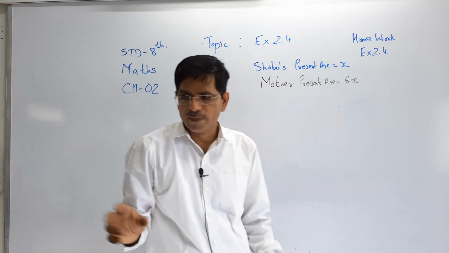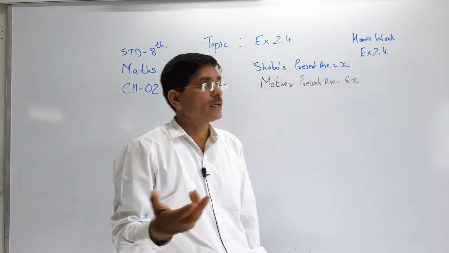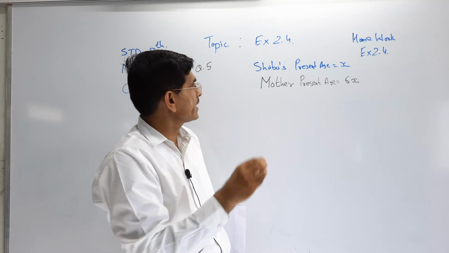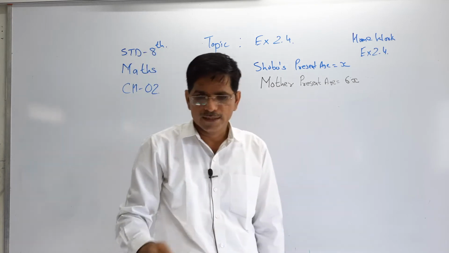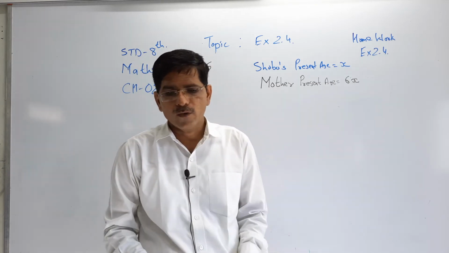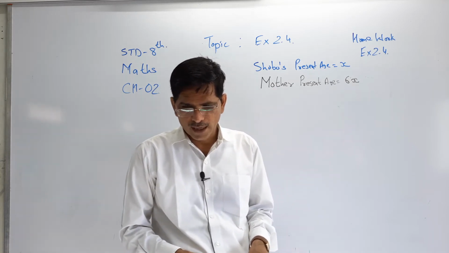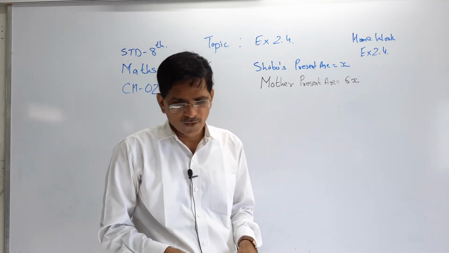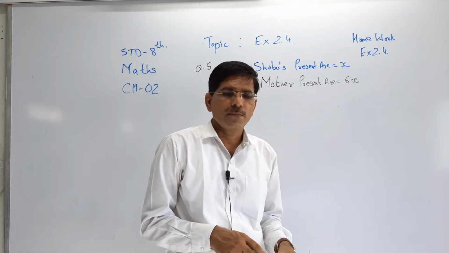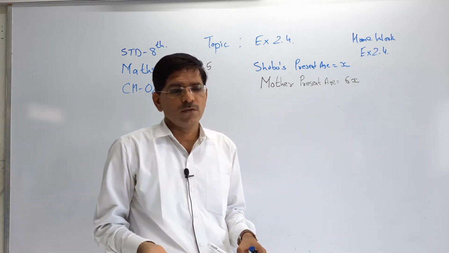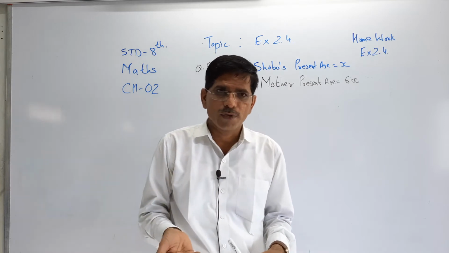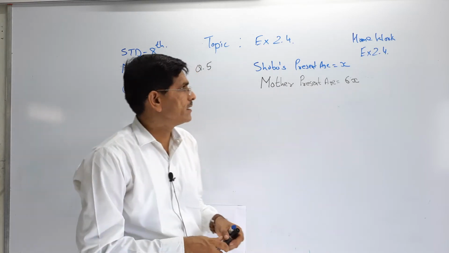Only one statement we can convert: Shobha's present age is x, mother's present age is 6x. Now further, Shobha's age 5 years from now. What is the meaning of 5 years from now? 5 years from now means x plus 5.